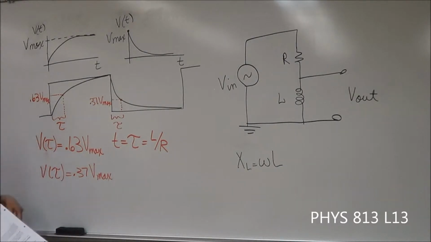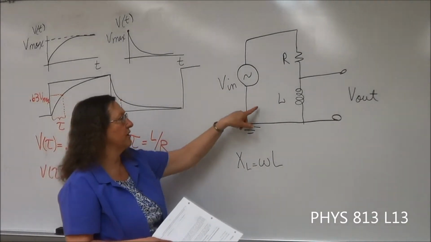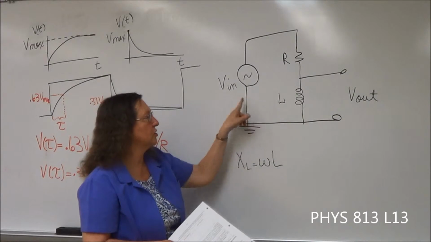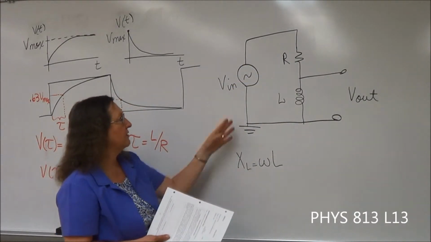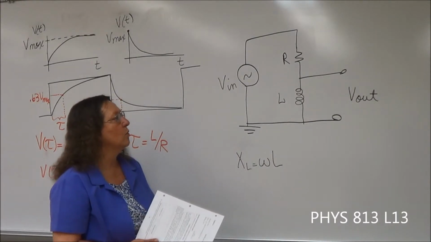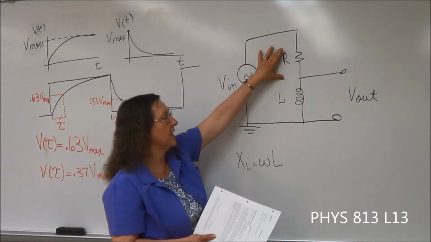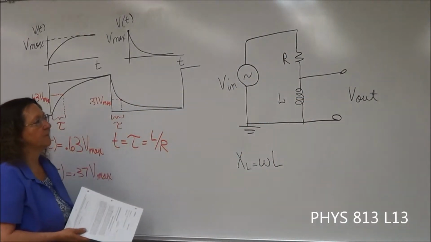So if you notice, these are pretty much the same pictures that I had before. But let's look over here at the circuit first. If we have a resistor and an inductor in series with an alternating voltage source, then we can connect across the inductor, or we could connect across the resistor for our output voltage.